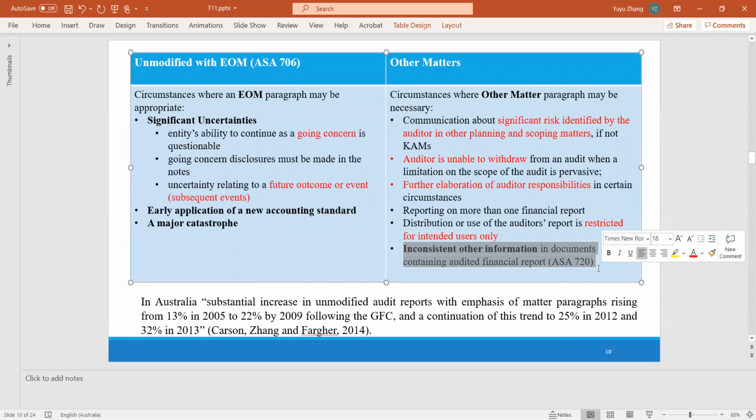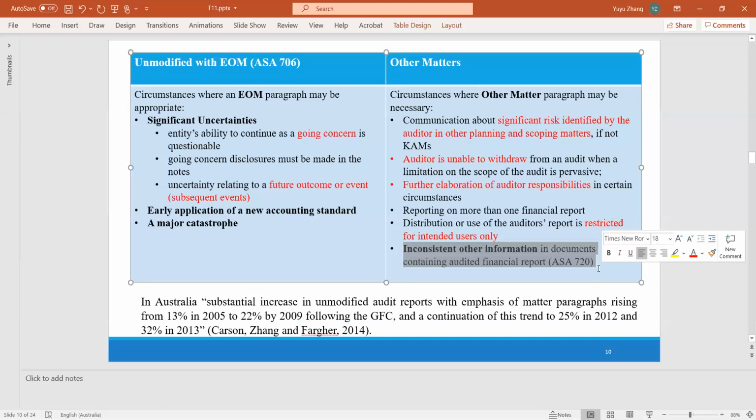But what is the auditor's responsibility in the other part of the report? That is, they need to read through the other parts of the annual report to ensure there's no contradictory information which contradicts the information in the financial statements. If they find some information in the other parts of the annual report is inconsistent, they should ask the management, the directors, to make corrections.